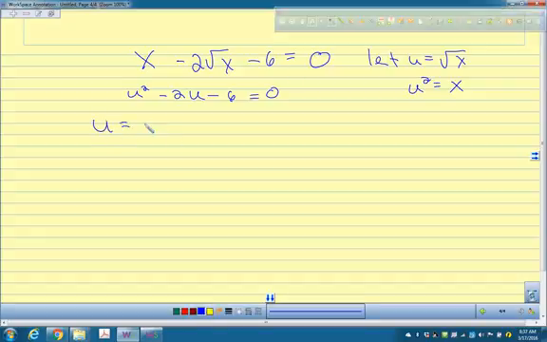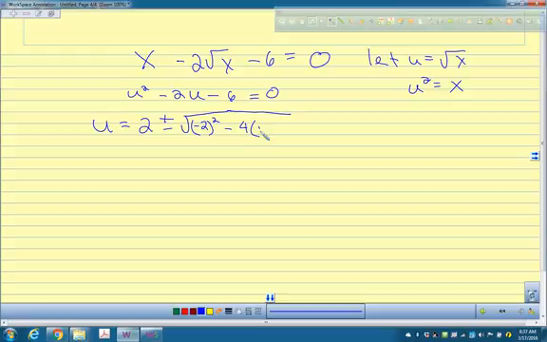U equals negative b, so 2, plus or minus the square root of negative 2 squared, right? B squared minus 4 times a, what's a in this case? 1, times c, which is negative 6. The whole thing divided by what? 2. Okay?